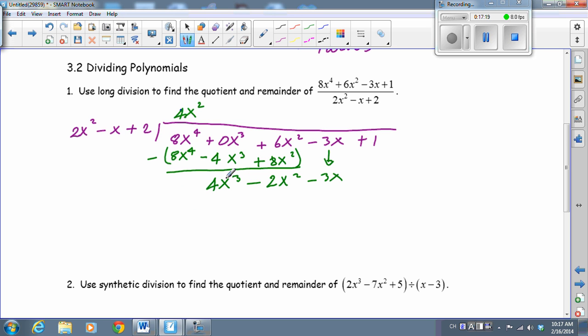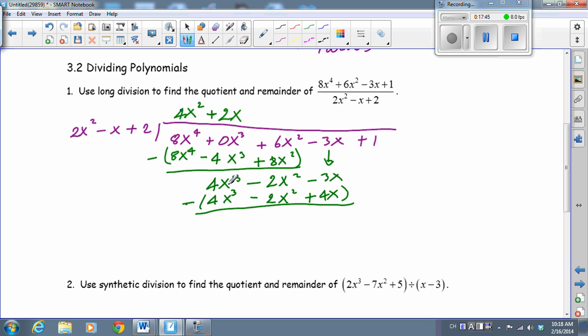Starting at 2x squared, trying to get to 4x cubed. You will definitely need a positive 2 and an x. If you multiply, you get 4x to the power of 3 minus 2x squared plus 4x.